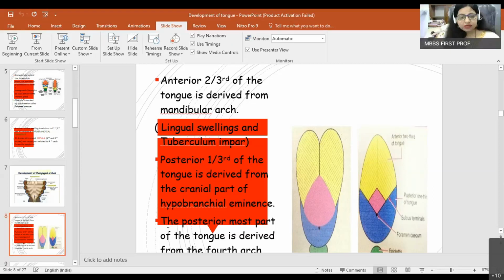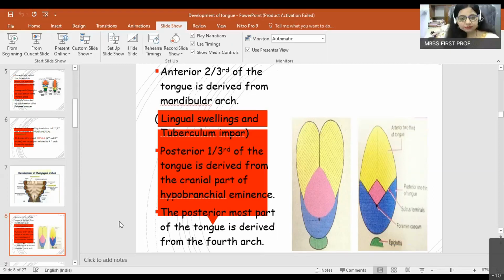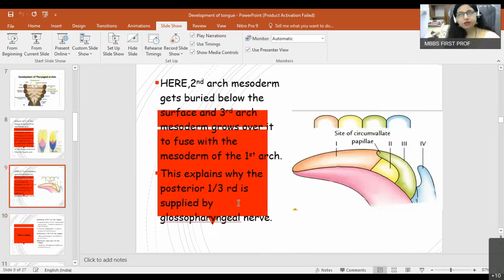Now, when we move further, if we talk about the nerve supply, the anterior two thirds of the tongue is from the first arch itself. What is the nerve of the first arch? Maxillary nerve. Not maxillary.